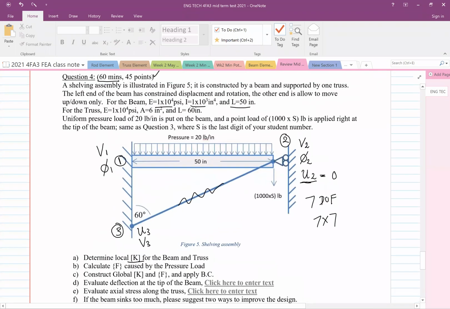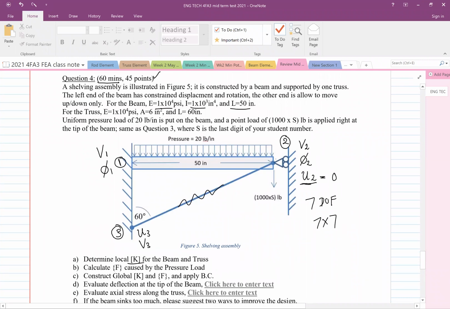Okay. The angle is, now this is the tricky part. I am going from node 2 to 3. What angle is it? This is 90, this is 180 degrees. So from node 2 to 3 is 210. Do you agree? Or we don't even talk about angle at all.